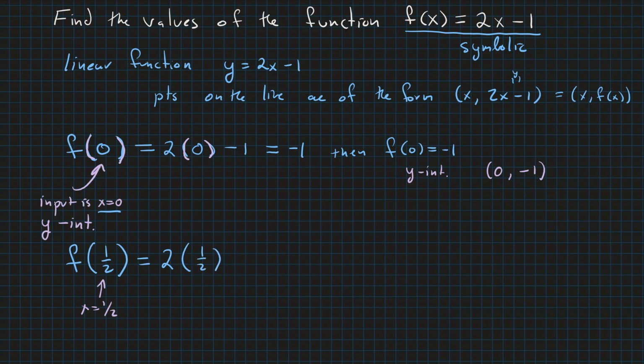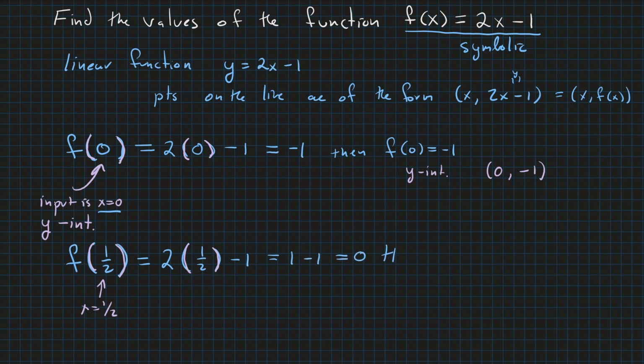You notice I'm using parentheses here, and that notation should carry over. So we have a parenthesis here and a parenthesis here. And then finishing up the equation, we get a minus 1. And now we simplify this down. So we have 2 times 1/2, which is 1, minus 1, and that is equal to 0.